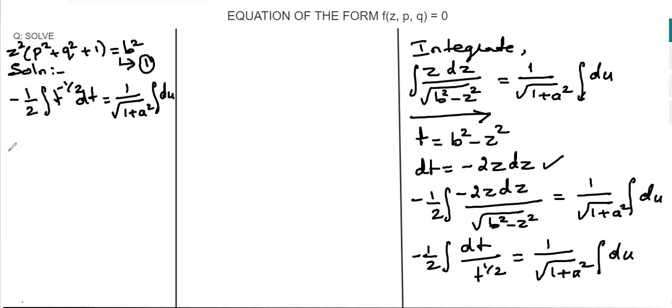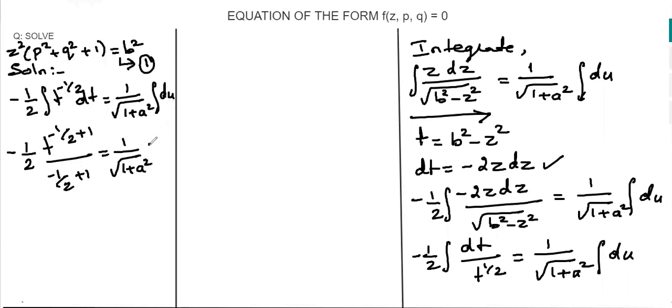The integration of this is negative 1 over 2 times t to the power (negative 1 over 2 plus 1) over (negative 1 over 2 plus 1), equals 1 by square root of 1 plus a square times u, since du when integrated gives u, and the integration constant I am taking as k.